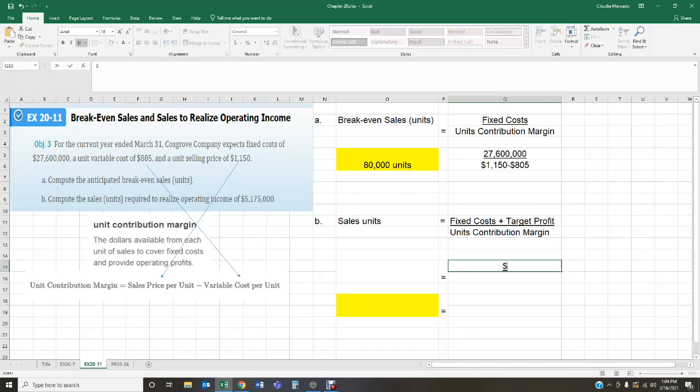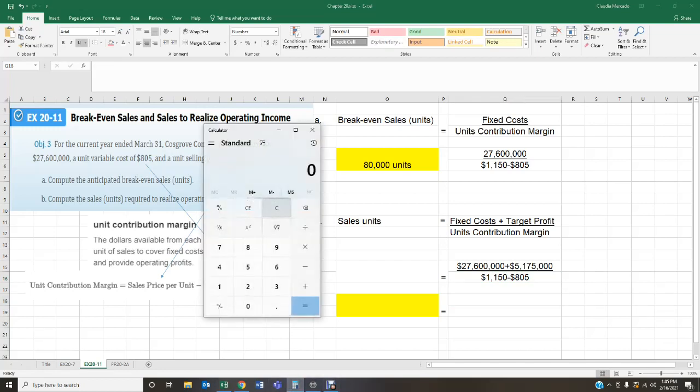According to the problem, my fixed cost is 27,600,000. I'm going to add my target profit. According to management, their target profit is 5,175,000. I'm going to divide that over my unit contribution margin. Your unit contribution margin is your selling price of 1,150 minus the 805, which is your variable cost per unit. Now let's get our calculators out and see what we get.